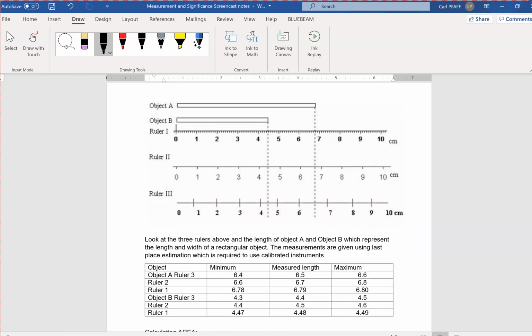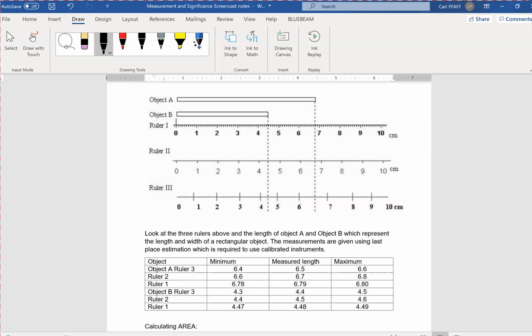All right, look at the same thing with length B, and we'll read those measurements. With ruler number 3, it's 4.4. You could say 4.3, no problem, right? Ruler number 2, it looks to be 4.5. You could say 4.4 or whatever. And then ruler number 1 looks to be 4.48, so just almost halfway.